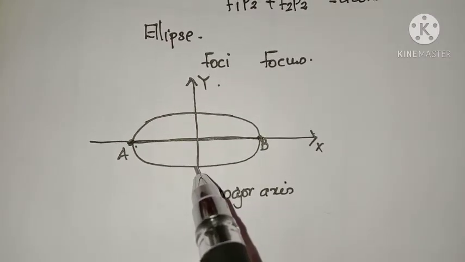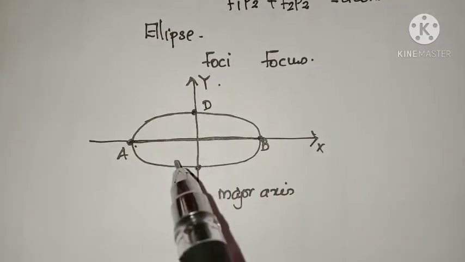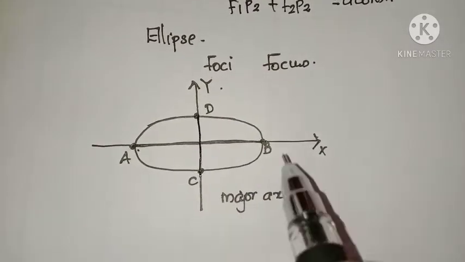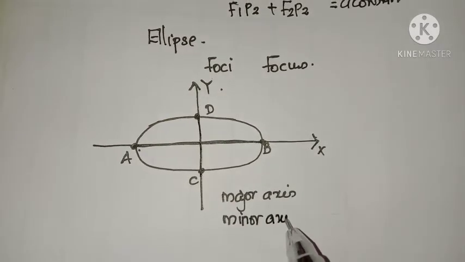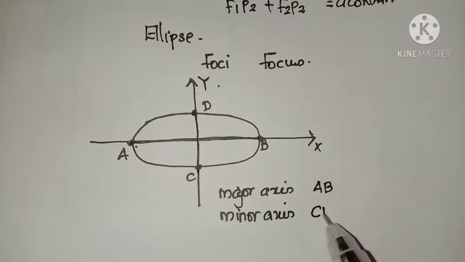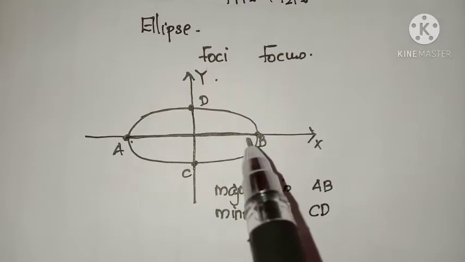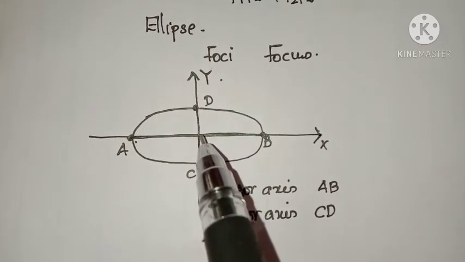Suppose C and D are two points on the ellipse, then the distance CD is called the minor axis of the ellipse. So major axis and minor axis. Major axis is along the x-axis. Minor axis is along the y-axis.